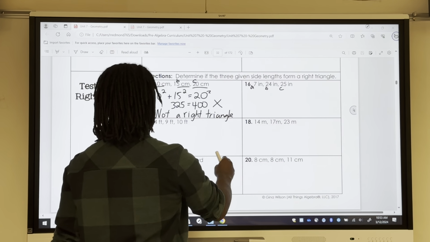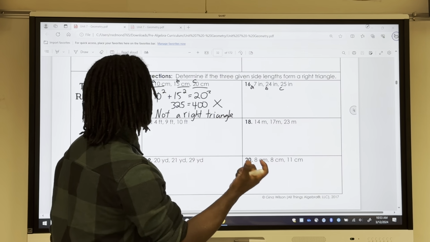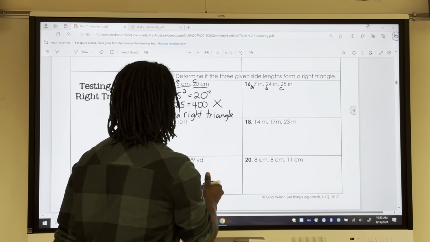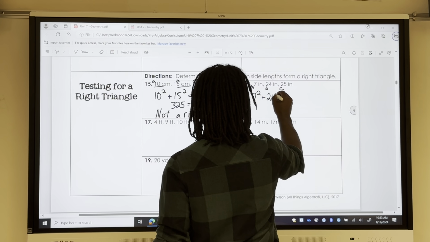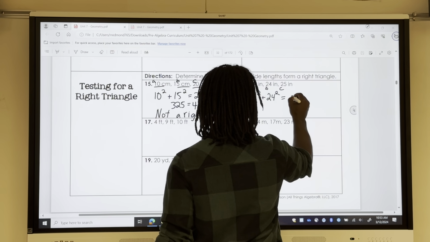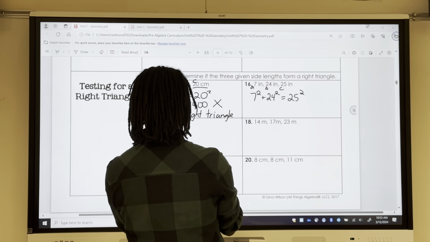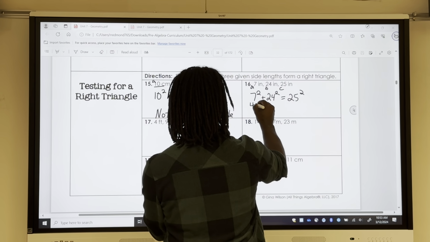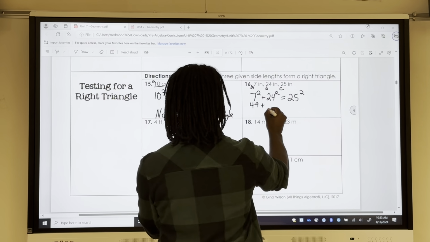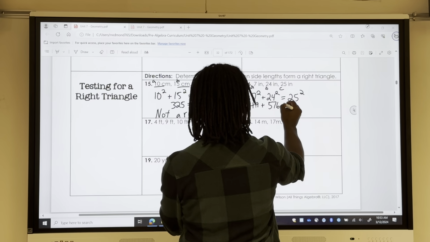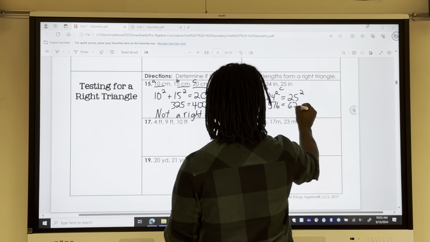Again, you just got to make sure that, actually, no, they're all in order. C is always going to be the last one in these, all right? So A, B, and C. So we got 7 squared plus 24 squared equals 25 squared, okay? So this is 49 plus 24 squared is 576, and then 25 squared is 625, okay?